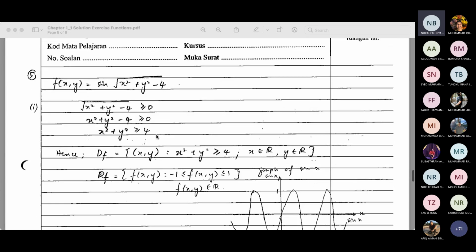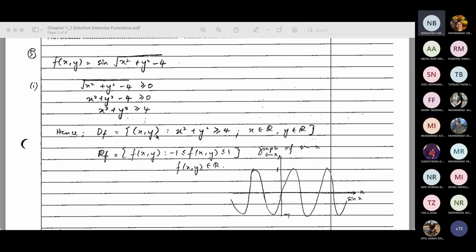So itu adalah dia punya sine function. So the domain is as x squared plus y squared must be greater or equal to 4. And the range must be between -1 and 1.